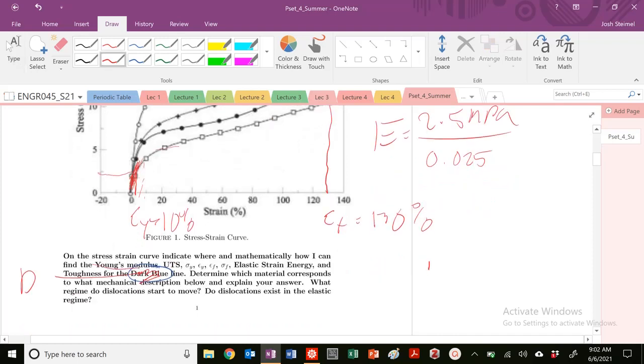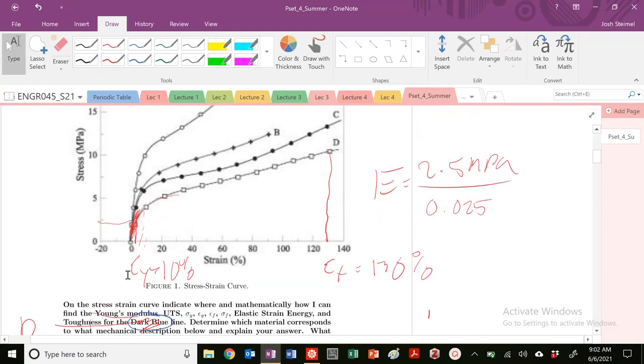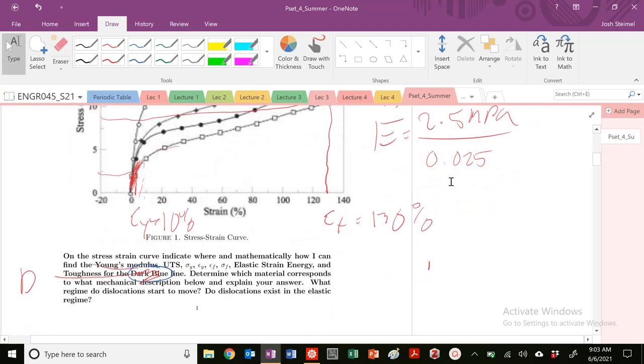So I've got my Young's modulus. My UTS would be right here as well, the largest stress value. This is my sigma y, this is also my sigma f, if we consider that this is the breaking point here, equal to about 8 MPa. For elastic strain energy, we would take the area under the elastic regime.